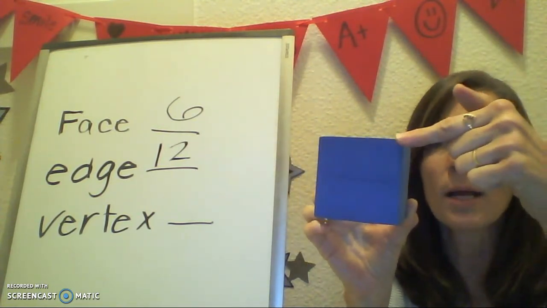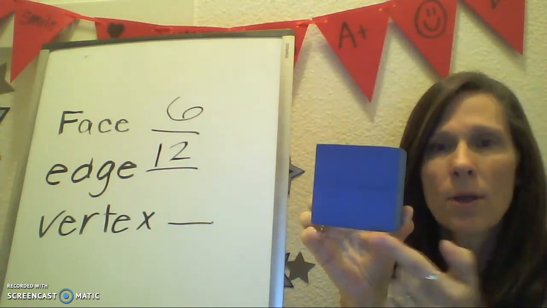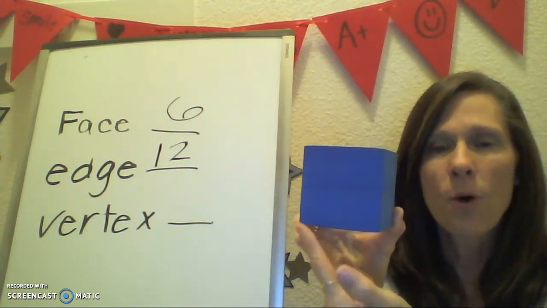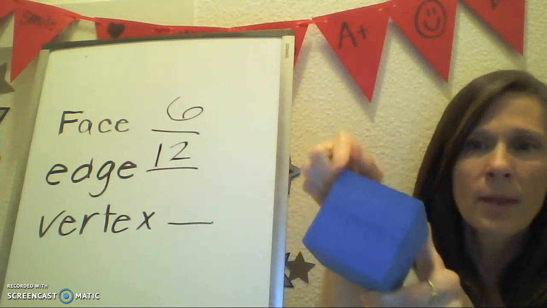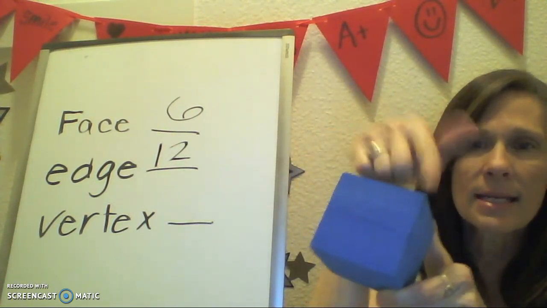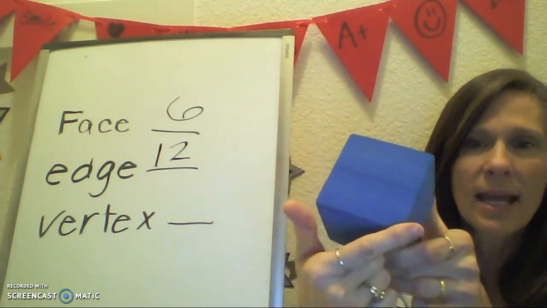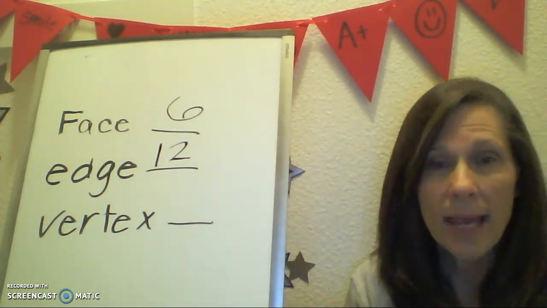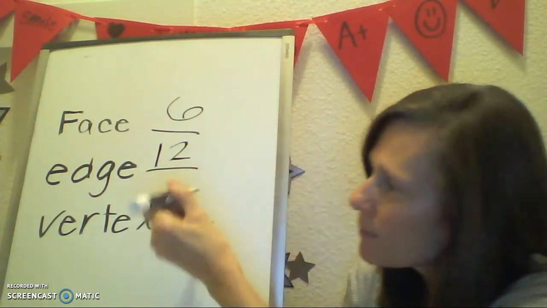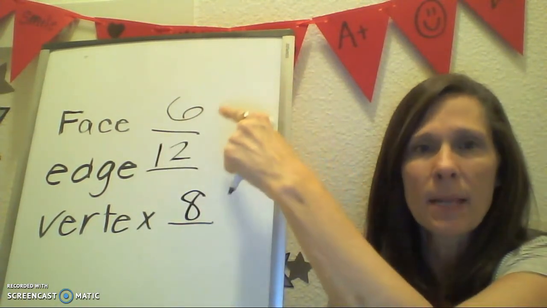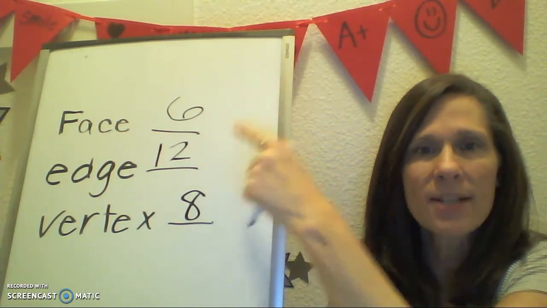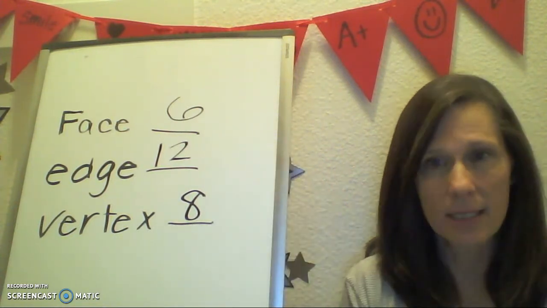Here we go. 1, 2, 3, 4, but don't forget the ones back here. 4, 5, 6, 7, 8. So 8 vertices for my cube, right? So a cube is made up of 6 faces, 12 edges, and 8 vertices.